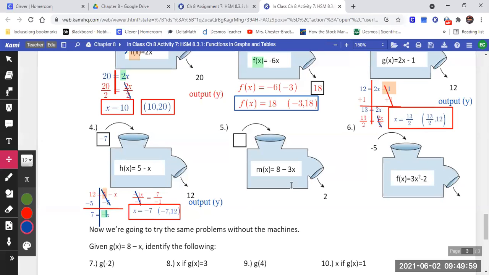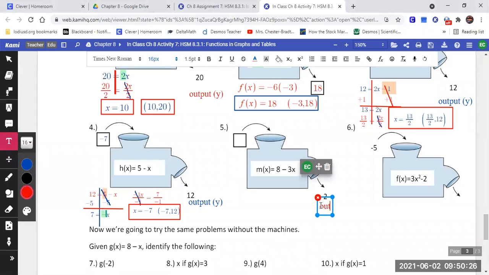So what are they giving us? Input or output? This 2 down at the bottom, always at the bottom, is that an input or an output?